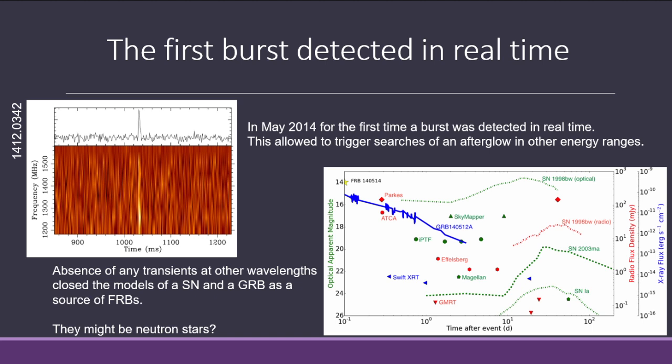So people immediately started to look in the same direction with optical telescopes, with X-ray telescopes. Definitely gamma ray detectors could trigger something from this direction. They typically perform more or less all-sky surveys. And the result was absolutely negative. They found nothing.